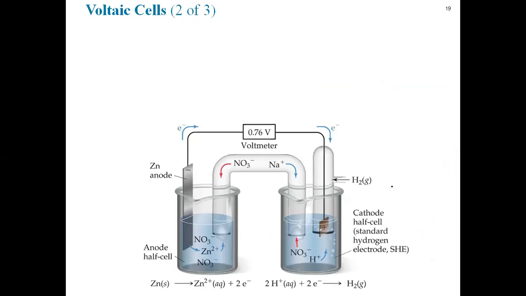In the voltaic cell, you will typically have two electrodes, and these two half reactions happen. Oxidation means losing electrons, so the oxidation reaction happens at the anode. Usually the electrodes are some metal. The metal may be actively participating in the chemical reaction, or the metal may be inert, not actively participating in the chemical reaction.